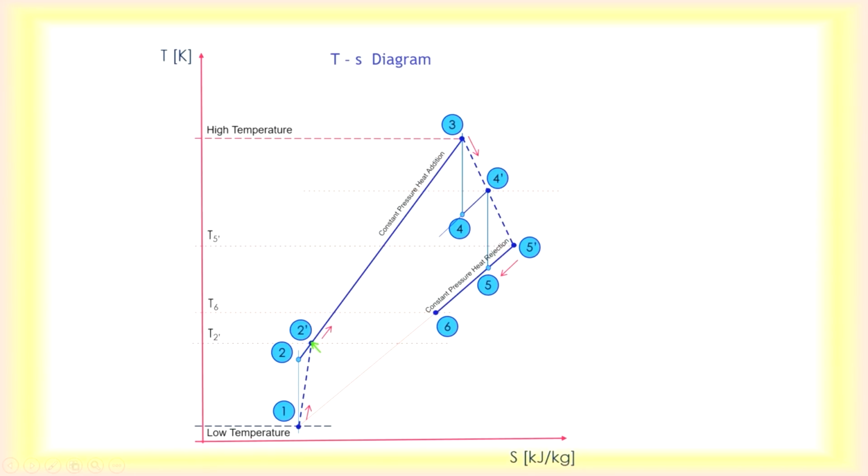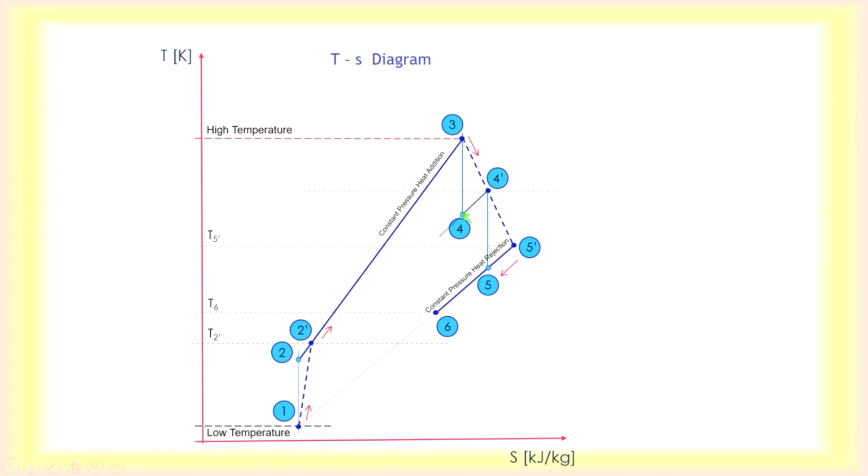Then 2 prime is the actual state point for an actual gas turbine cycle. 2 prime to state point 3 is your constant pressure heat addition in the combustor, or the combustion chamber.